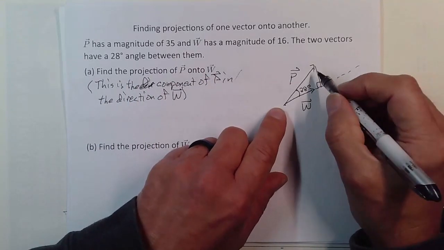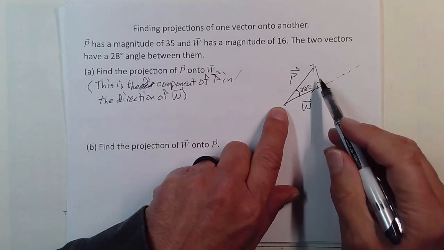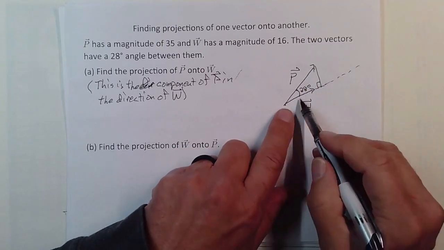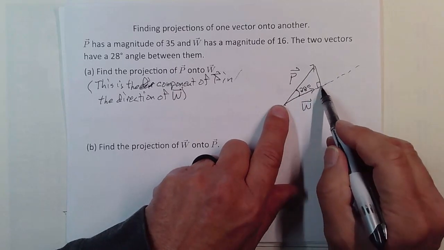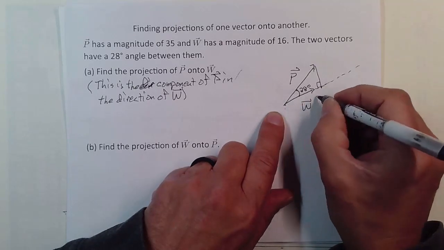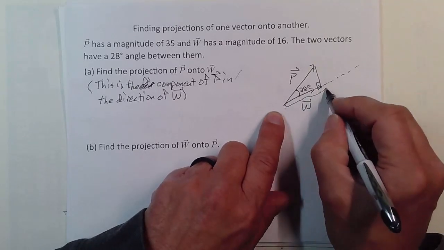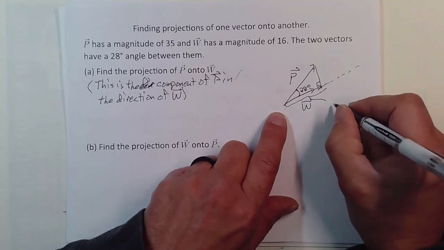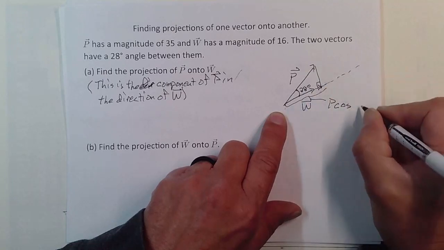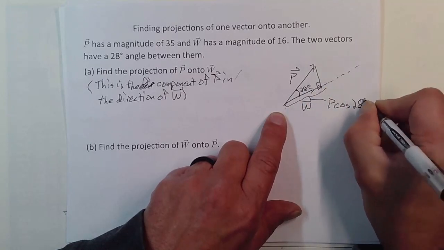So the projection of P onto W would be a right triangle in what I'm trying to do here. I've got the magnitude of P. This would be the side adjacent to that 28-degree angle. This component of P projected onto W would actually equal P times the cosine of that angle between them. In this case, it's 28 degrees.